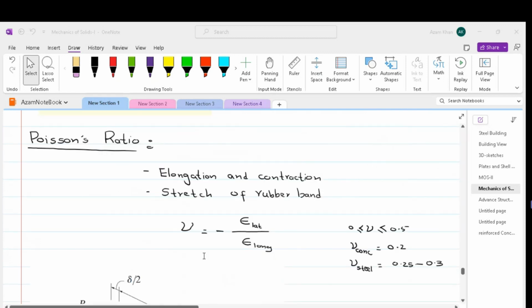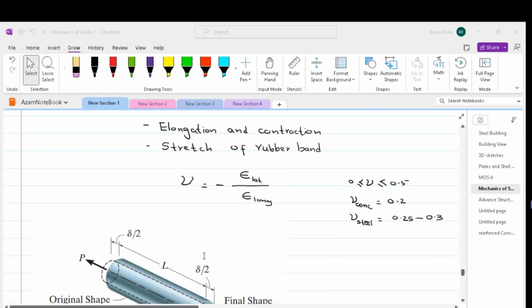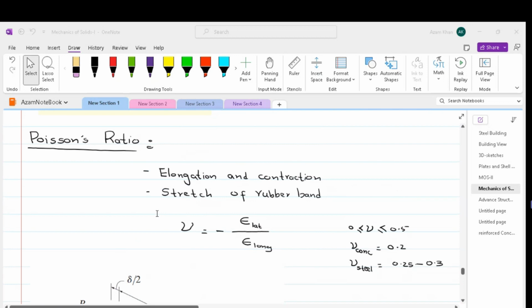So there is a lateral strain due to the longitudinal strain of this specimen. This can be easily appreciated if we stretch a piece of rubber. The stretch of a rubber visibly gives us squishing of the transverse dimensions. This phenomenon is called Poisson's effect, and in order to describe it, we make use of Poisson's ratio, which is shown by nu, and that is equal to the negative of the strain in the lateral direction to the strain in the longitudinal direction.